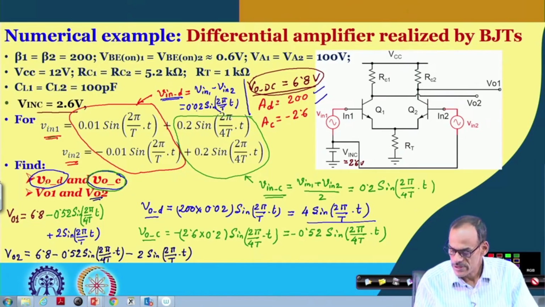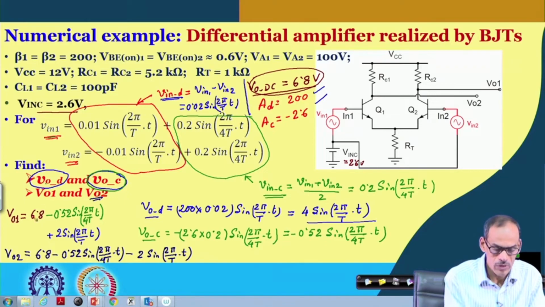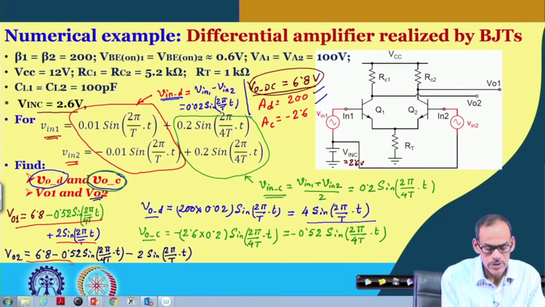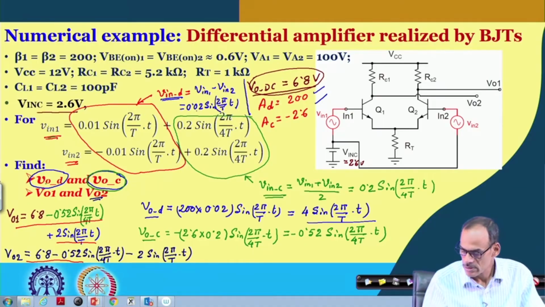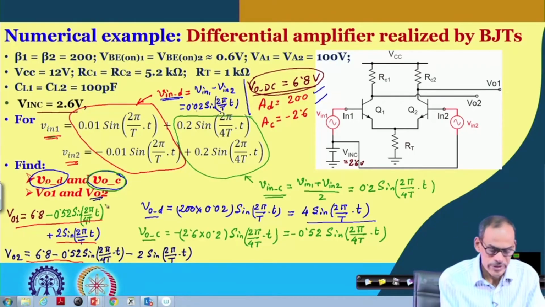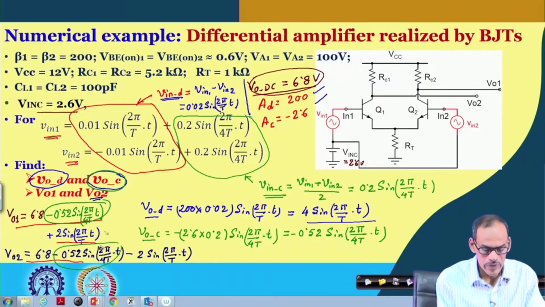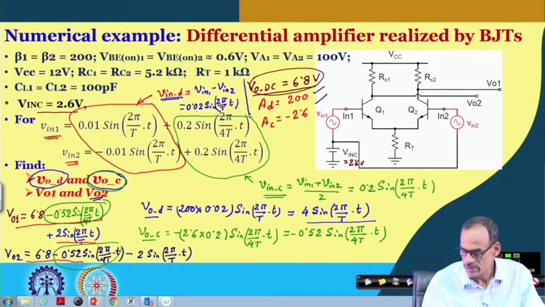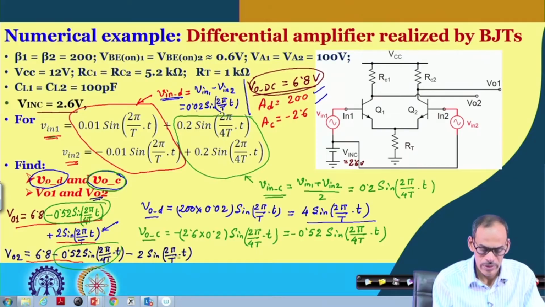So, that gives us the complete output. We can see here this is the common mode part. So, this part and this part they are common mode, and then we do have the differential part here and here.